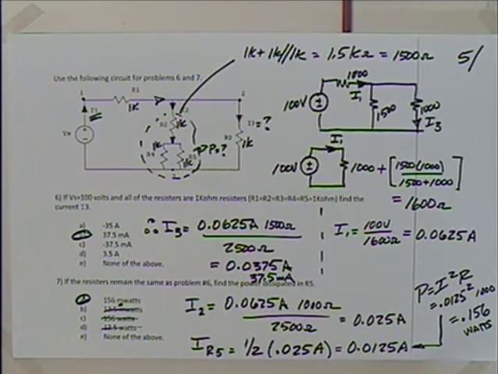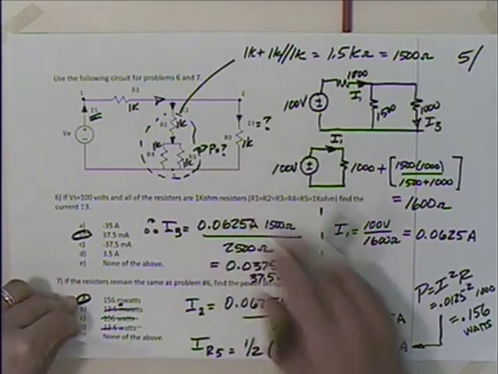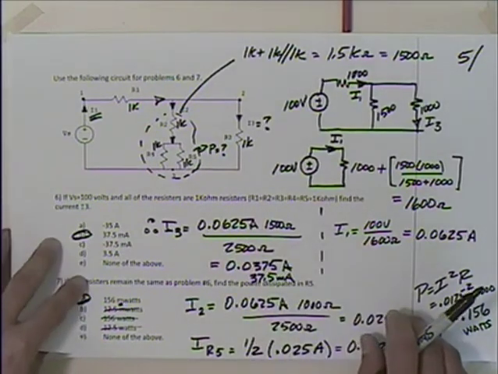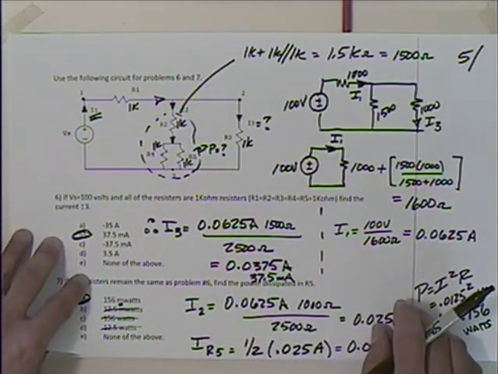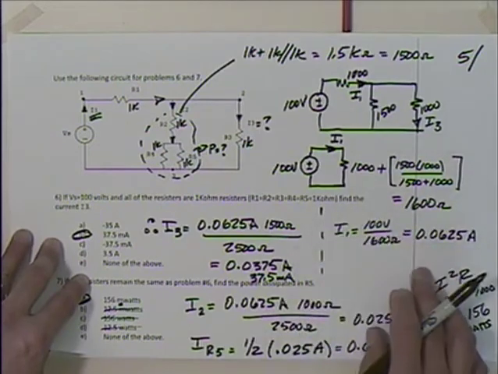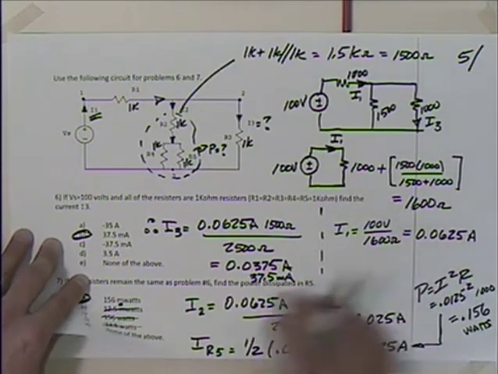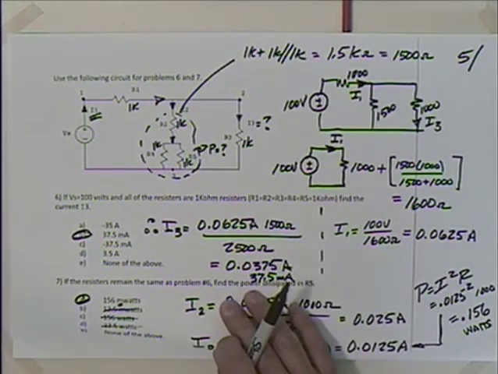Okay, well, the question sometimes comes up, can you do this differently? And certainly, let's see, if we come up with the voltage here, see how I want to do this.